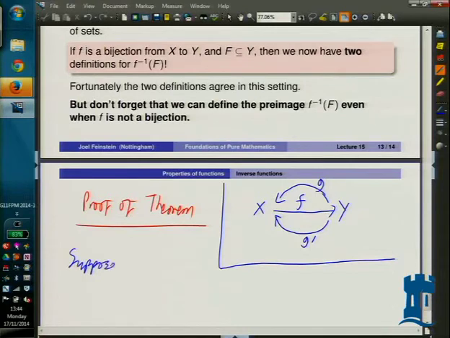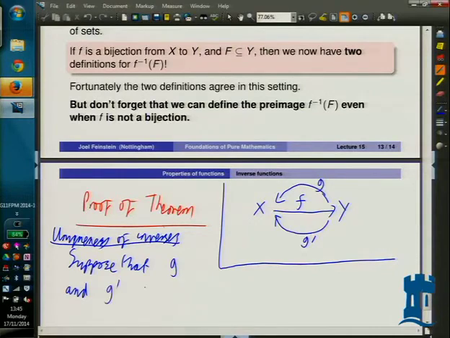This is uniqueness of inverses, right? Suppose that g and g prime are both inverses for f.